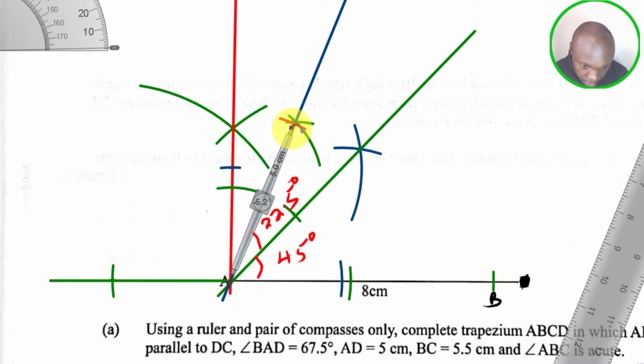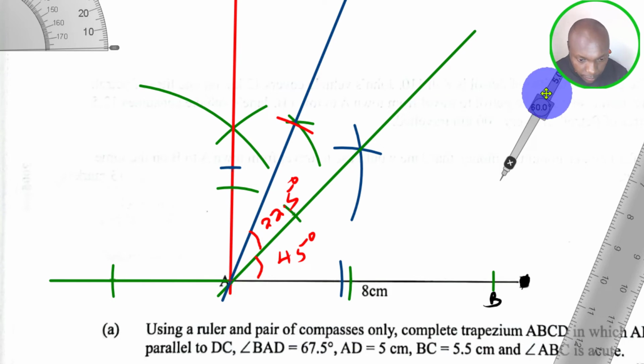So that is 5. Oh, it is not at 5. So let me ensure that this is 5. That is 5. So that is 5 centimeters.